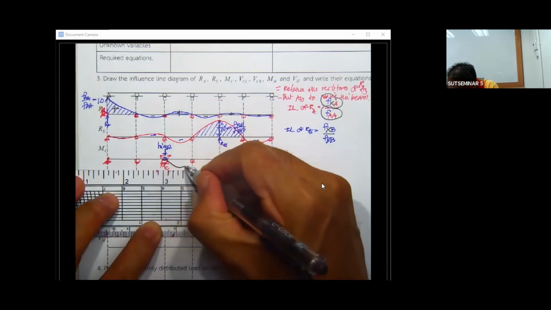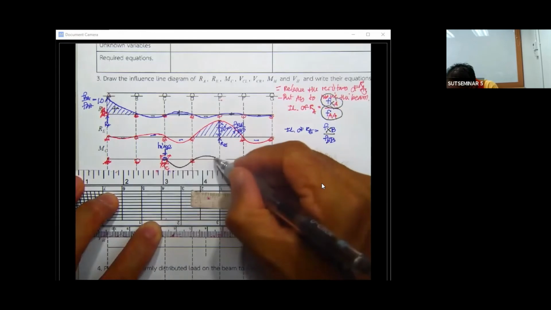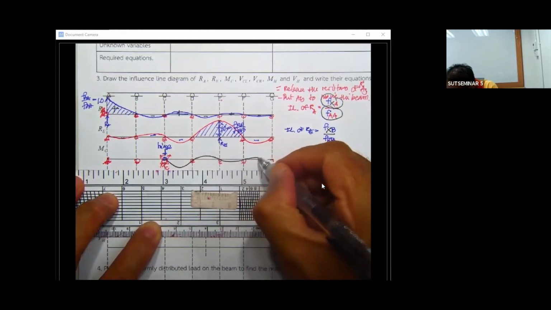This is going to have some deformation like this, and then it's going to follow everything like this.